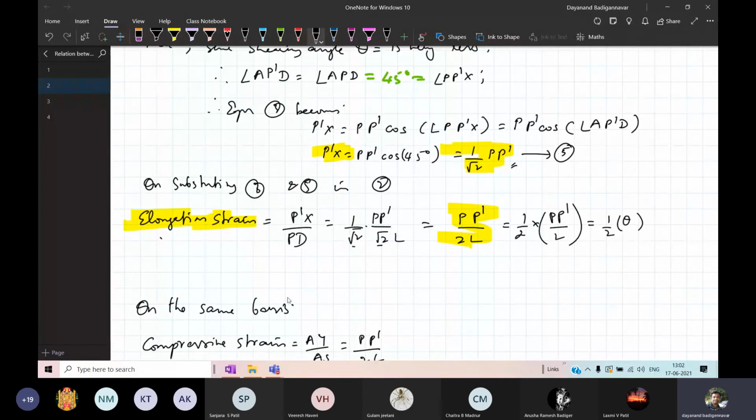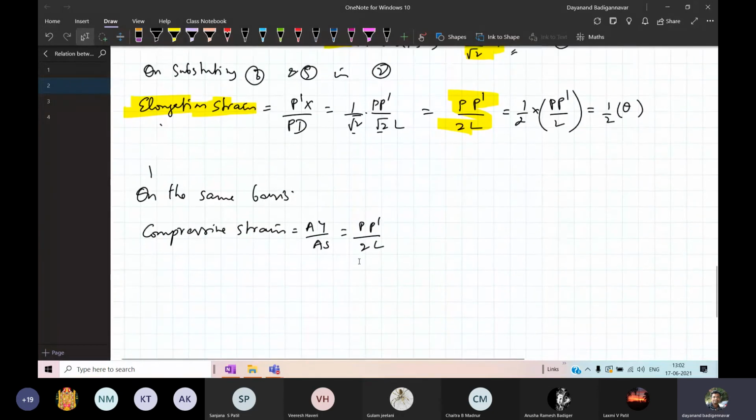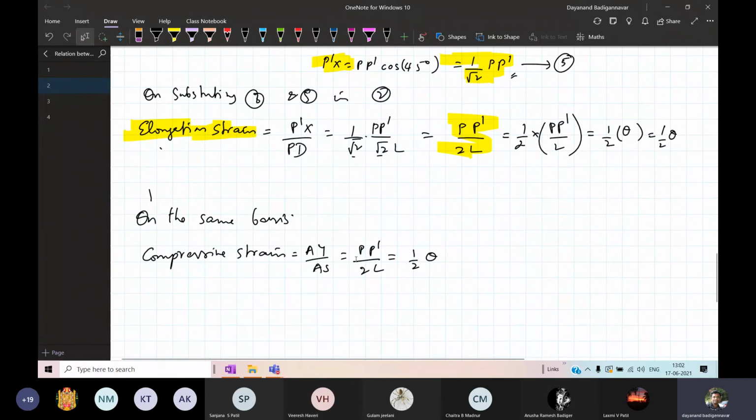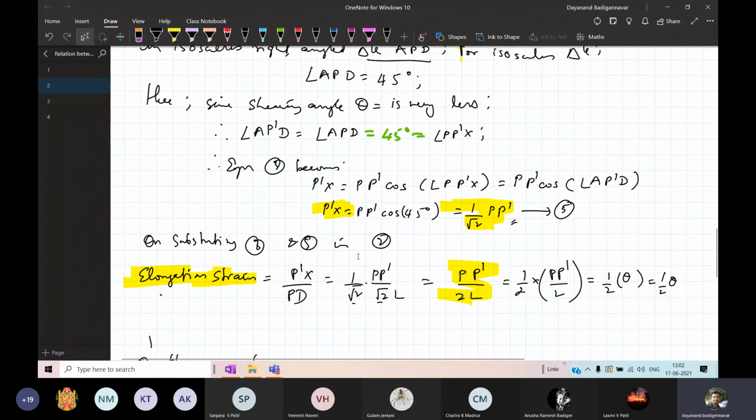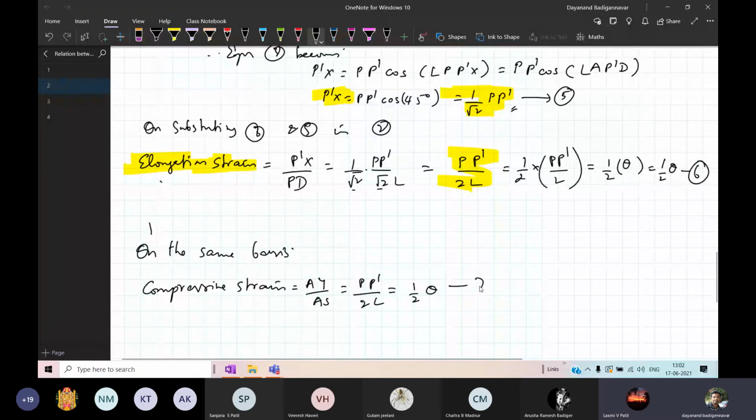On the same basis, I can write the value for compressive strain. So it is 1 by 2 times theta. This I will take as equation number 6 and this I will take as 7.